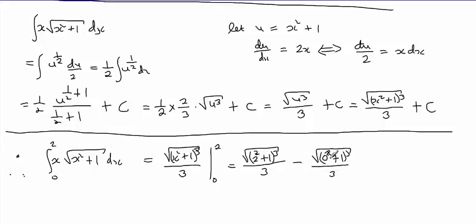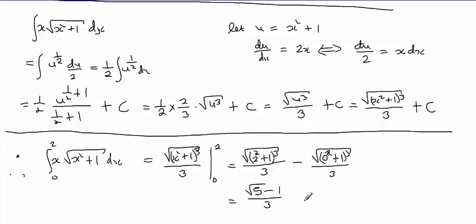Simplifying, you can see this is the square root of 1, because 1 cubed is 1, and this is the square root of 5 cubed. Then we get this as square root of 5 cubed minus 1 all over 3. And as before, I'll leave this as the final answer and avoid decimal numbers there if it's not necessary.